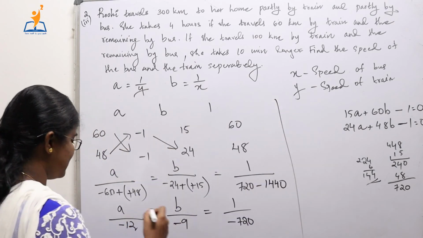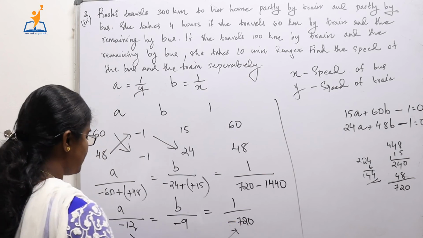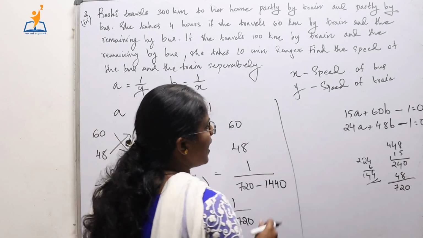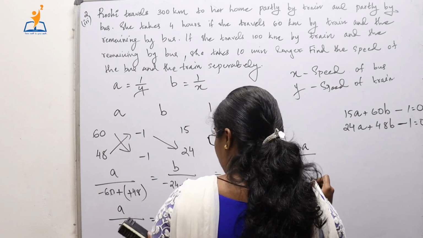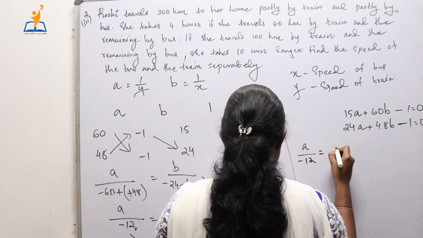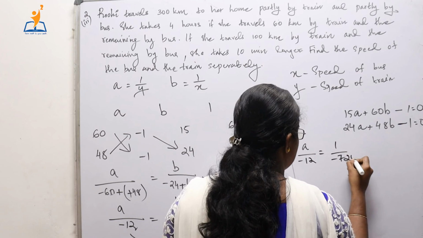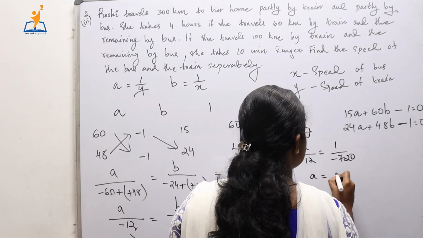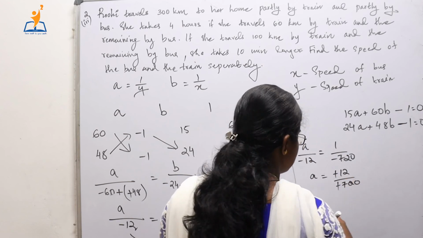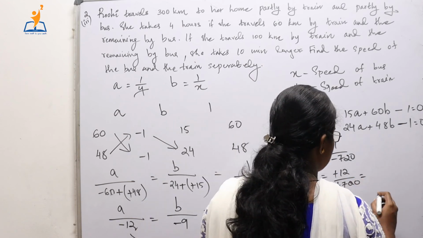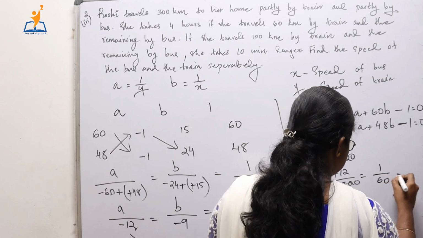So we got like this, and equating these we will get that a by minus 12 is equal to 1 by minus 720, which means a is equal to minus 12 by minus 720, and this will become positive and it is simply 1 by 60.